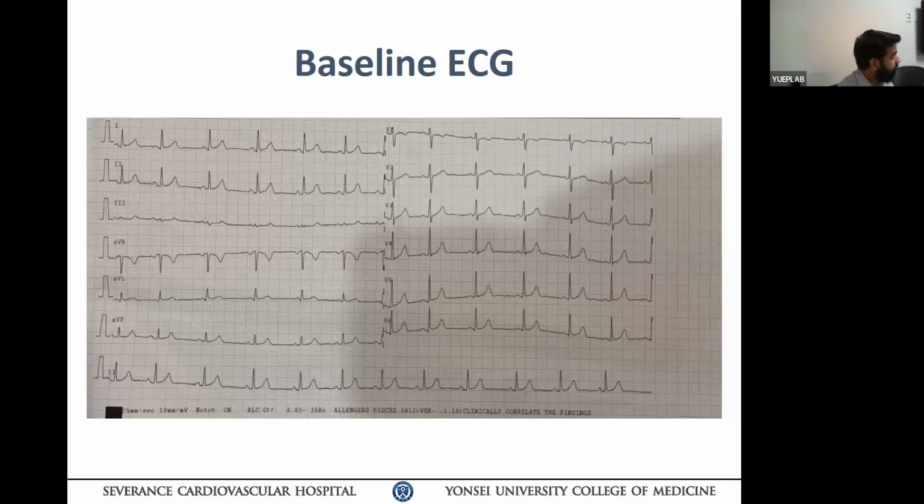Okay, so I think the PR is a bit short. I think it's less than 120, and I don't know if I am imagining it, but looking at V1, there seems to be a little pre-excitation. There seems to be a small delta in V1. I think aVF also shows it a little as well, but it's not very prominent. So I think there's some minimal pre-excitation with a short PR. Aside from that, just a sinus arrhythmia.